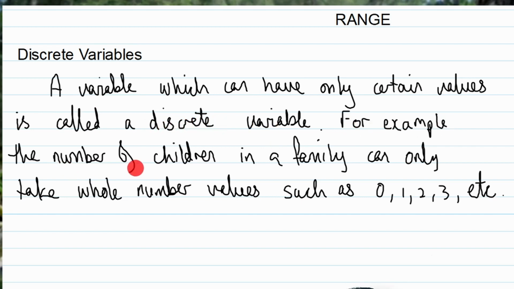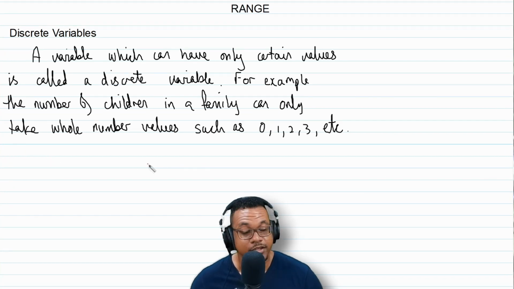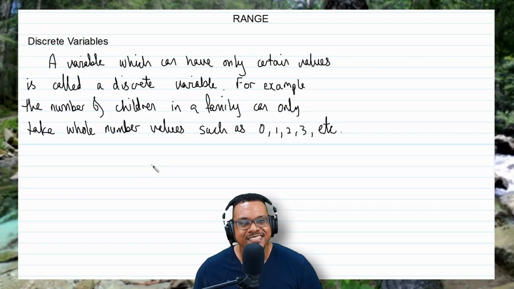For example, the number of children in a family can only take whole number values such as 0, 1, 2, 3. Now, I'd just like to point out that discrete variables don't necessarily have to be whole numbers. As long as you only have certain values that the variable can take, and those values can be fractions as well, the variable will be discrete.